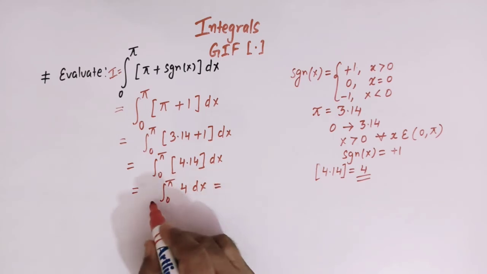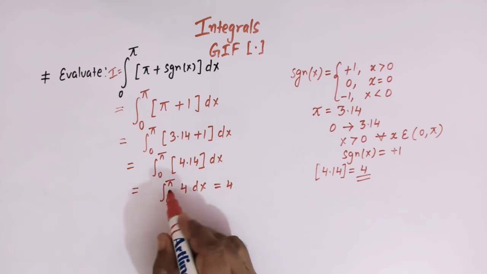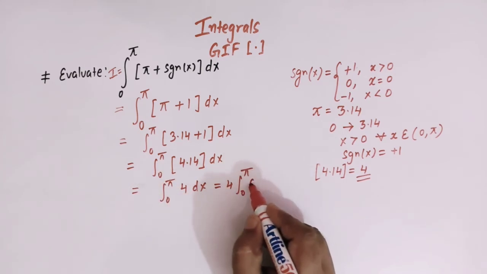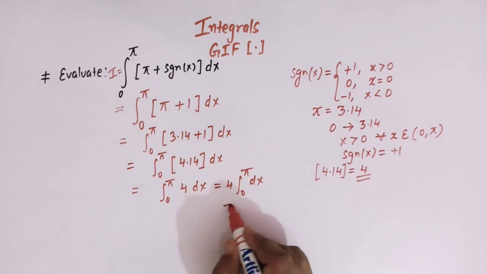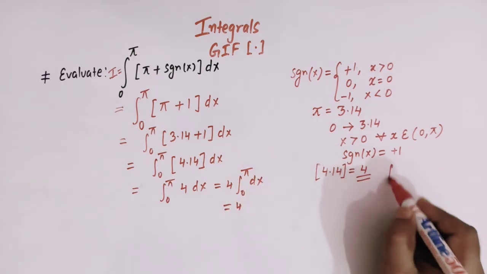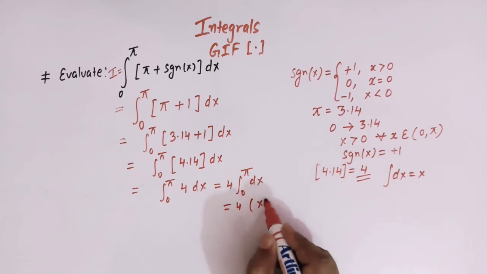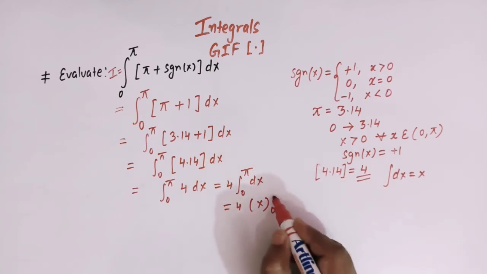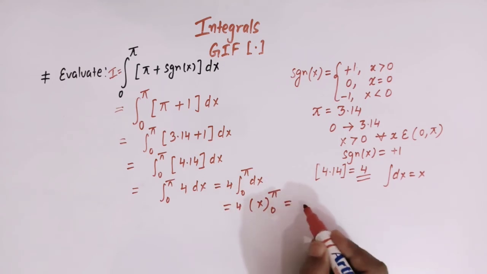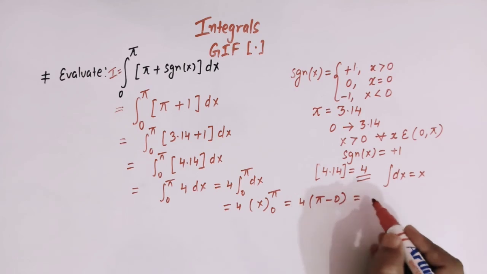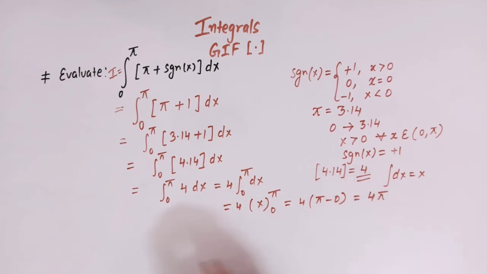Now 4 is a constant, so we can take it out of the integral sign. We have the integral from 0 to pi of simply dx, and the integral of dx is simply x, with limits from 0 to pi. So we can write it as pi minus 0, which is simply 4 pi.